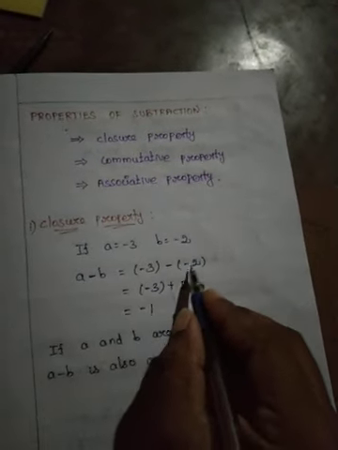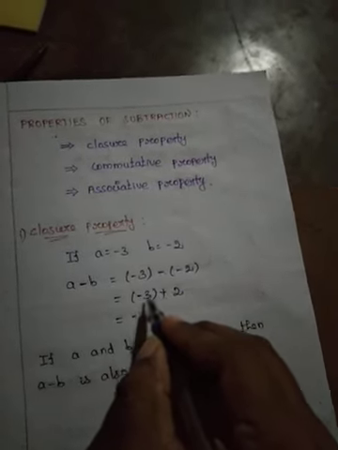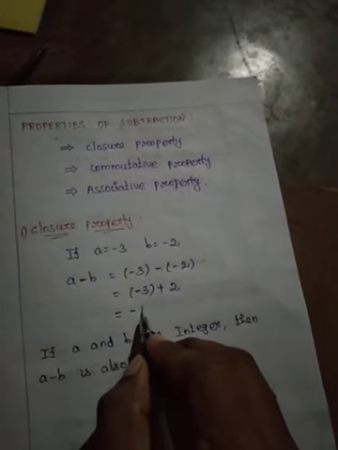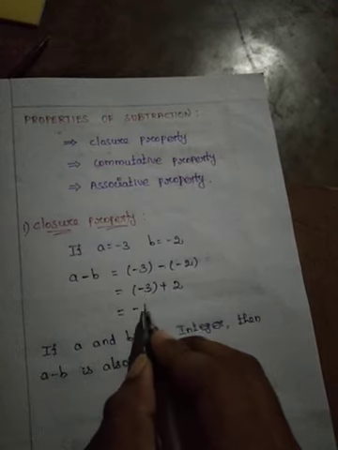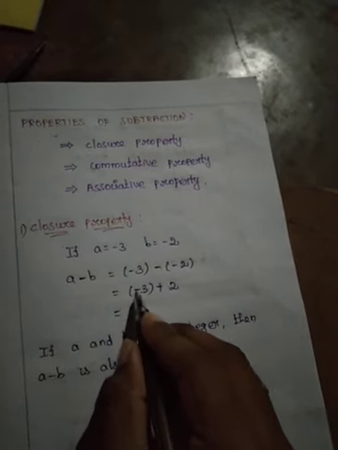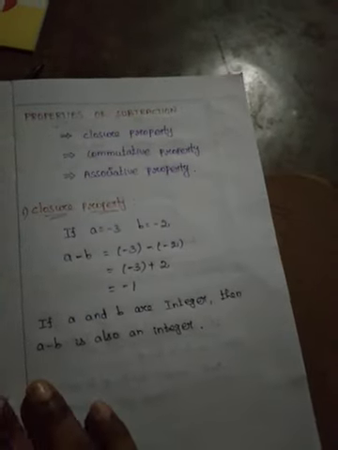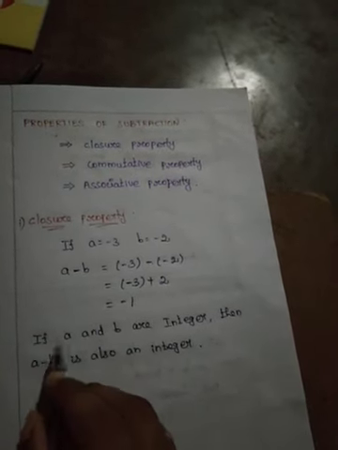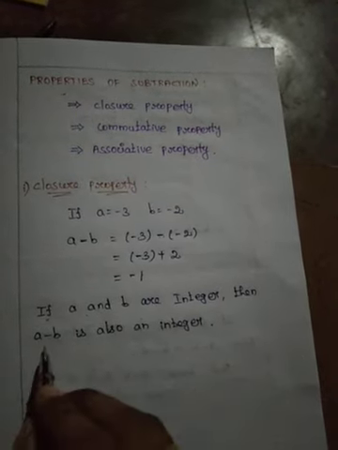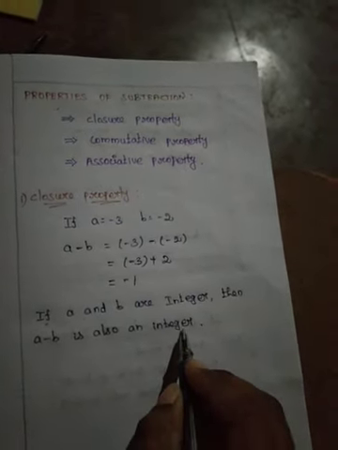First of all, minus of minus is plus. If we have different signs, we have to subtract. Okay. 3 minus 2 is 1. What is the sign of the biggest number? 3. What is the sign? Minus. So minus 1. So the closure property is: if a and b are integers, then a minus b is also an integer.